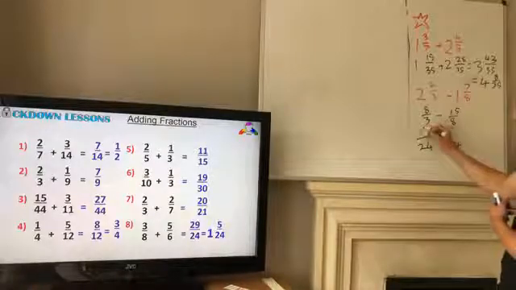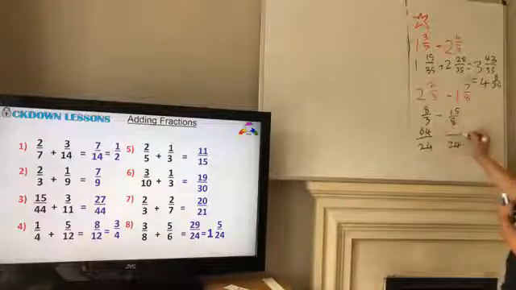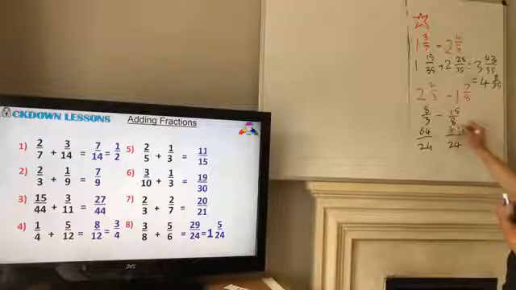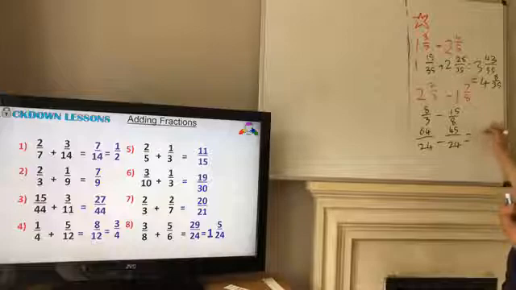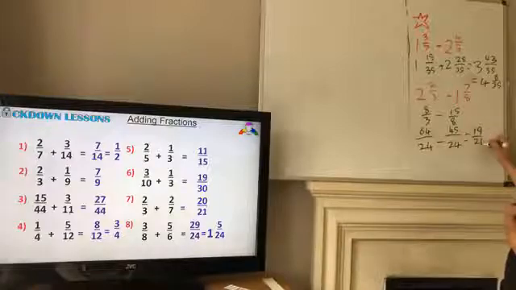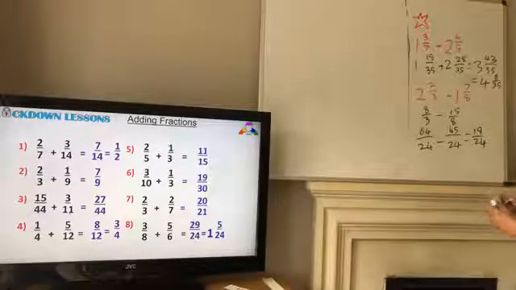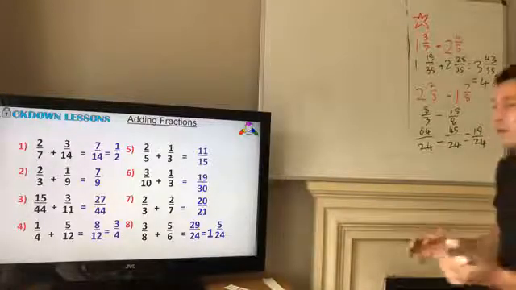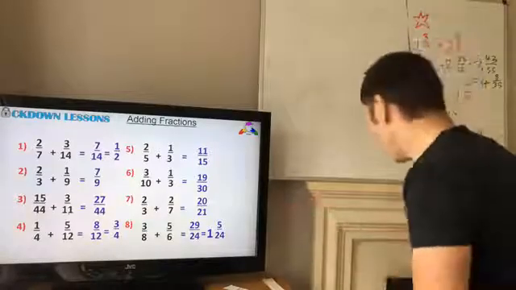This one is times by 8, so 64. This one is times by 3, so 45. Take those away, is going to give you 19 out of 24. Okay, so difficult questions, difficult topic.